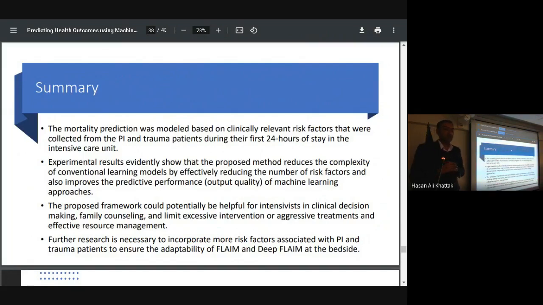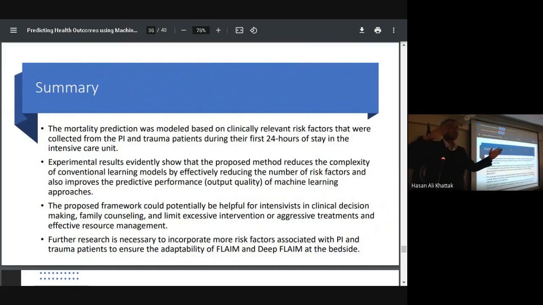The third point is the lessons learned. The proposed framework could potentially be helpful for intensivists, the people working in intensive care, in clinical decision making, and also in family counseling.